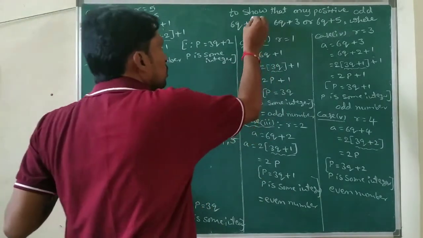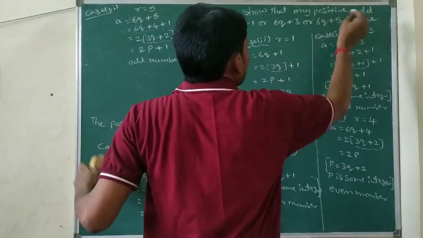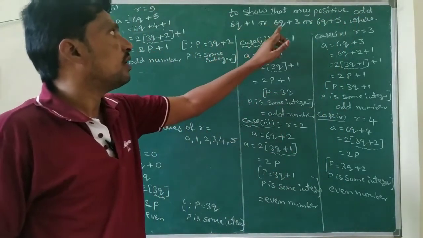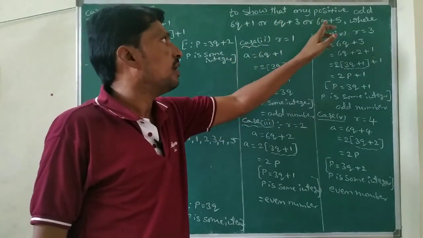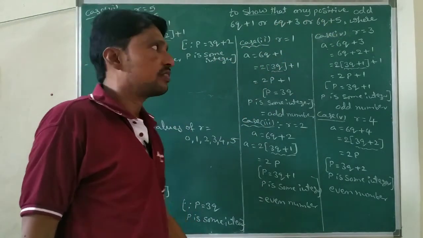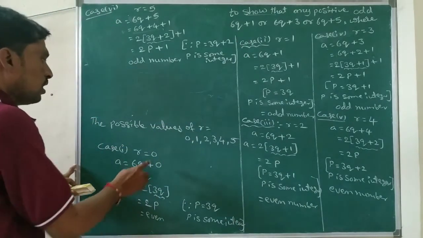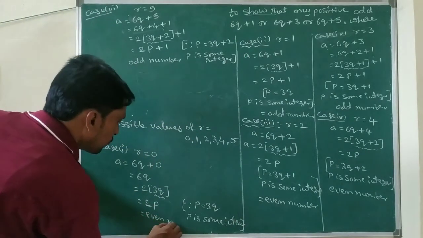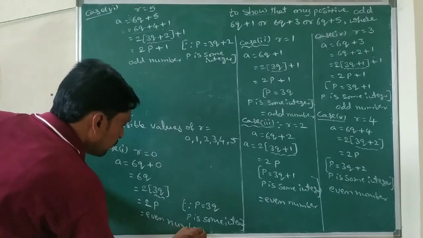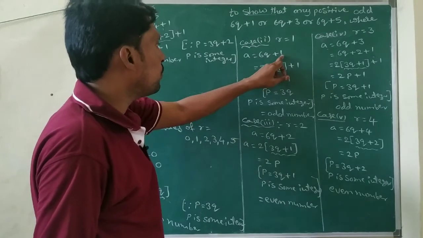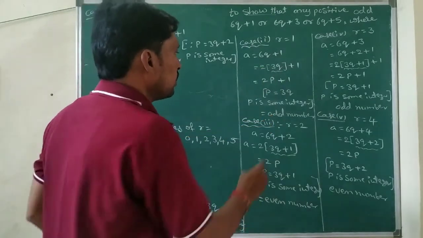Now what is our question? Show that any positive odd integer is of the form 6q plus 1 or 6q plus 3 or 6q plus 5. That we need to show. So where are we getting the odd numbers? Once you have checked it, r equal 0 means we got an even number, and r equal 1 means 6q plus 1, we got an odd number.